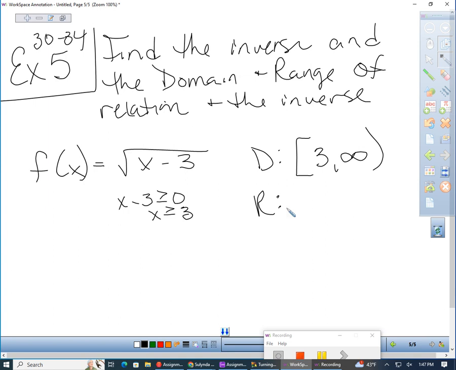No matter what I put in here, because I can only put 3 to infinity, what is the very smallest this can be no matter what? It's a square root. What's the smallest it can be? Okay. If I take the very smallest domain and put it in here, 0. It's a square root. Can I get any smaller than 0?